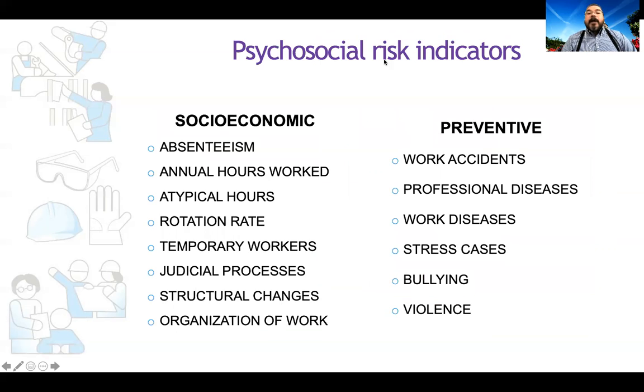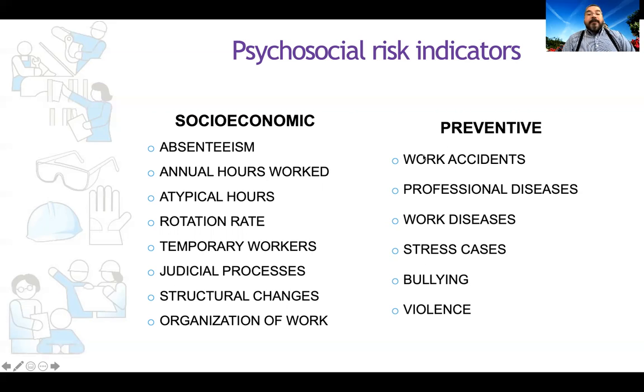For example, there are some psychosocial risk indicators, such as socioeconomic or preventive. In socioeconomic, we can observe absenteeism, the annual hours worked, atypical hours, rotation rate, temporary workers, judicial processes, structural changes, and the organization of work.